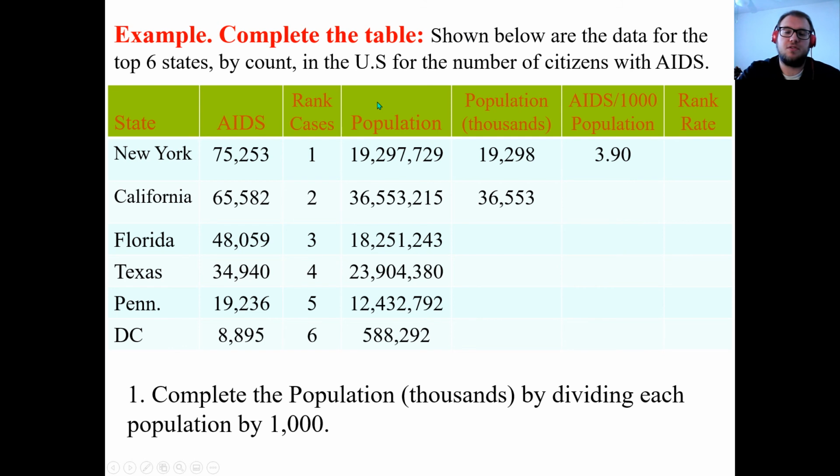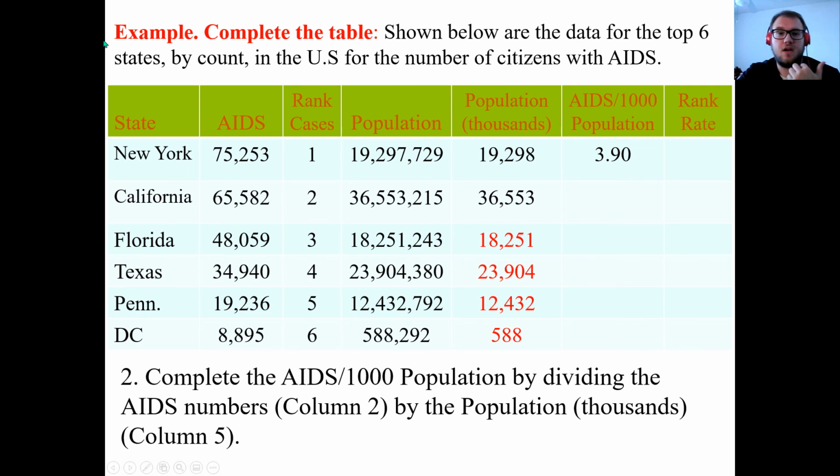So, complete the table. The data shown is the number of citizens in the United States that have AIDS. I'd pause the video and complete this column by dividing each population by 1,000. An easy trick to do that is just to move the decimal point 3 places.